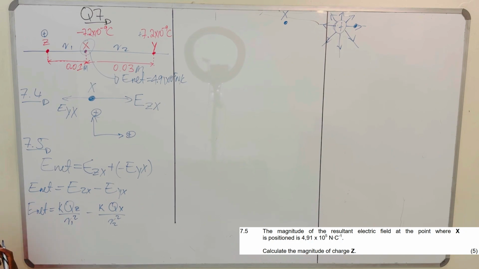So what can we do? We can substitute here and say 4.91 times 10 to the 5. It's positive, like I said, because I assume that it's going to the right.